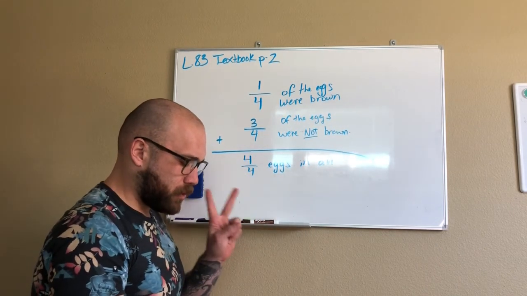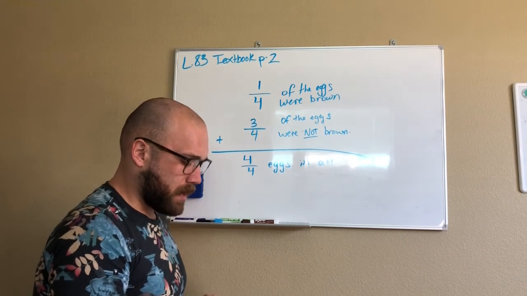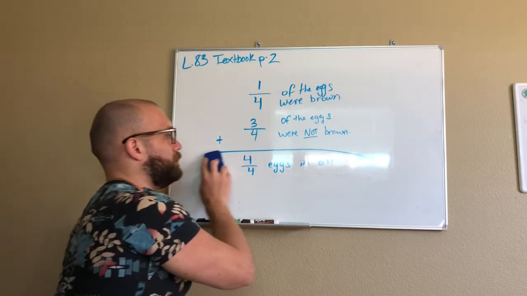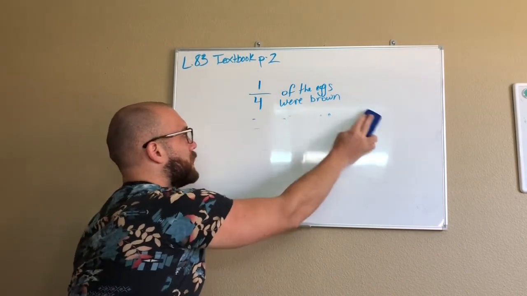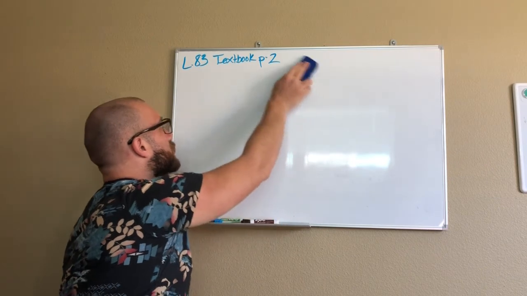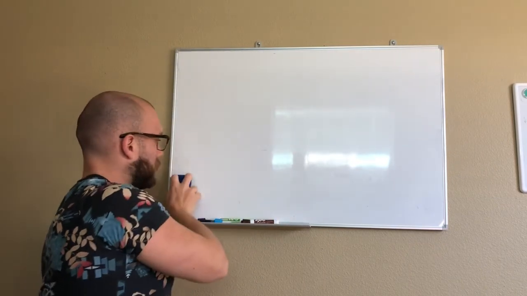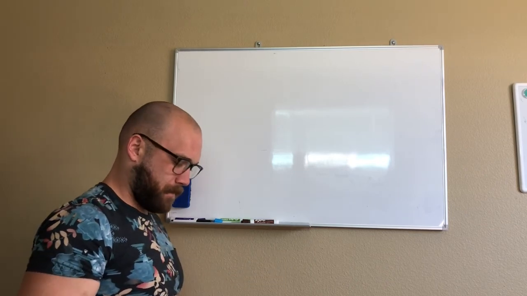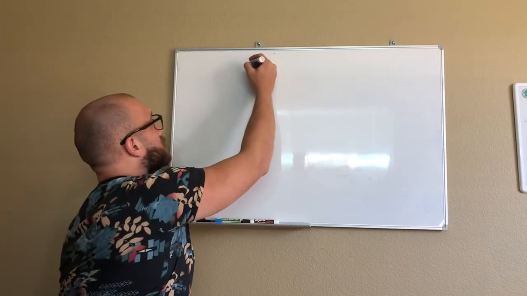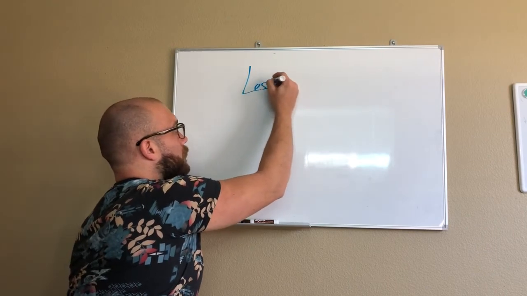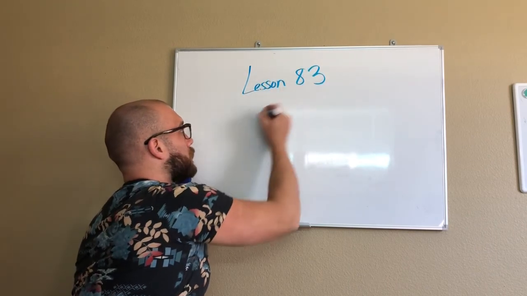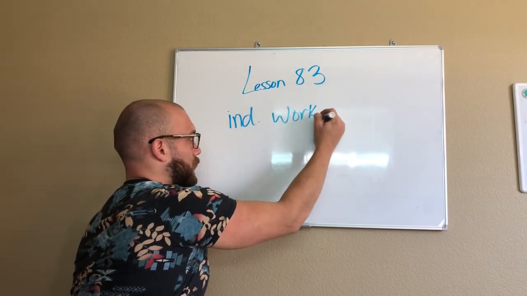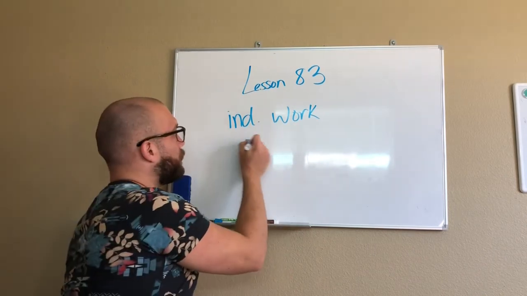So you have 2, B and C on your part 2 in your textbook to do on your own. That's going to be part of independent work. So it will be graded. So your independent work today is going to be lesson 83, independent work in your textbook.